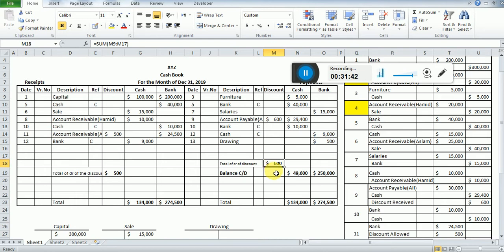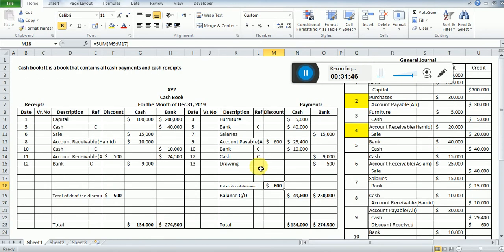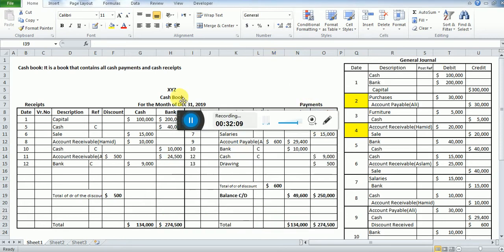Now look, dear students, what is remaining now? Now we have to make a ledger account for all those accounts other than cash and bank. We have capital, sale, account receivable, and also furniture, salaries, and drawing. Very easy.